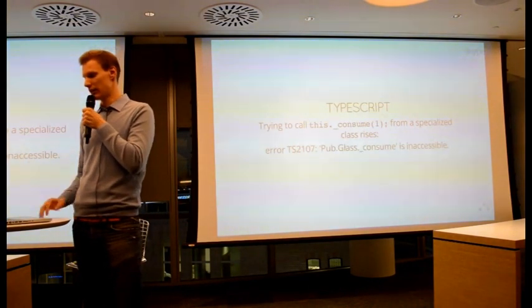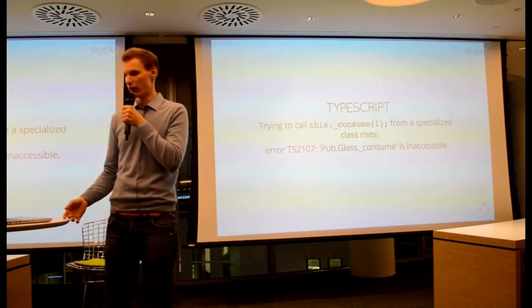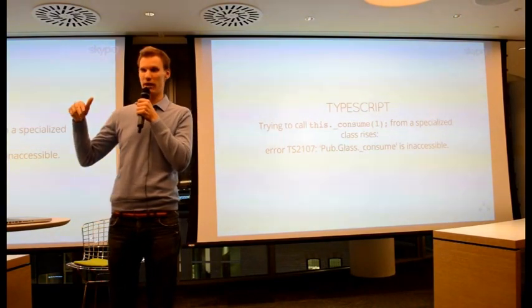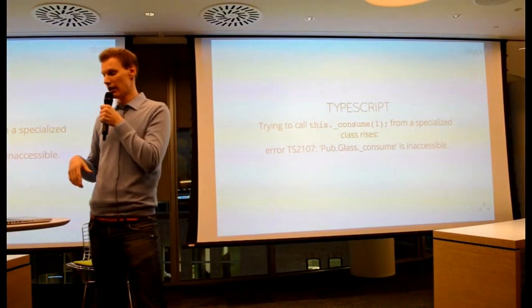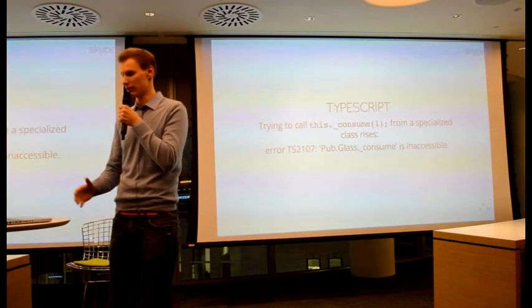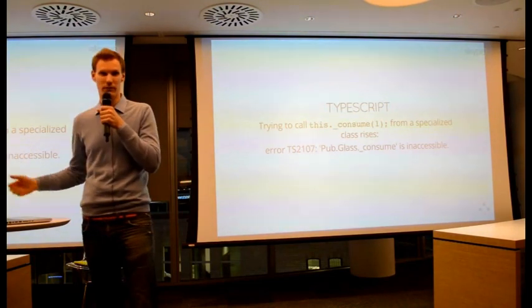And another example is if I try to use this.consume1 from the inheriting class, and as this.consume was private in the abstract class, it cannot be accessed, so I will get again a very useful error that will say that consume is inaccessible.